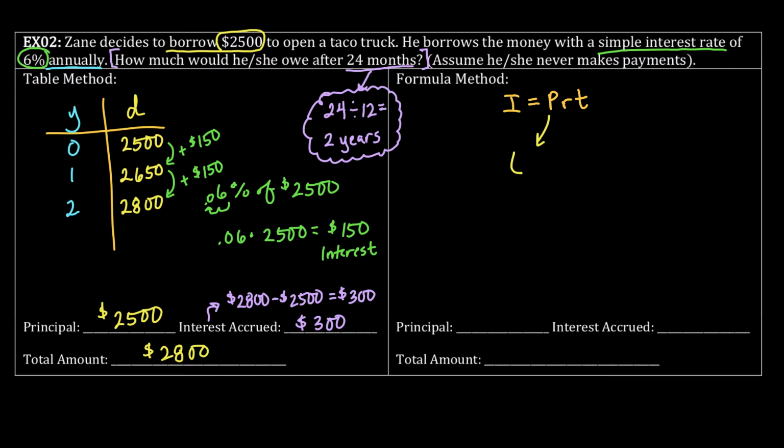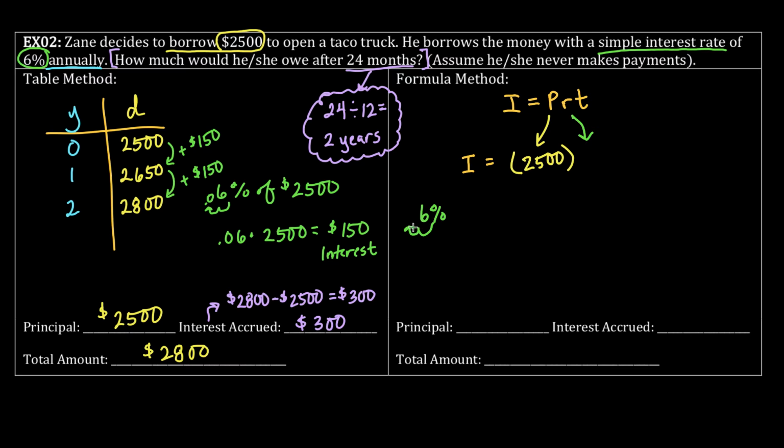Oh, I should do this first. P is my principal amount, which in this case was $2,500. And we will multiply that by the interest rate. The interest rate looks like it's 6%. So 6%.